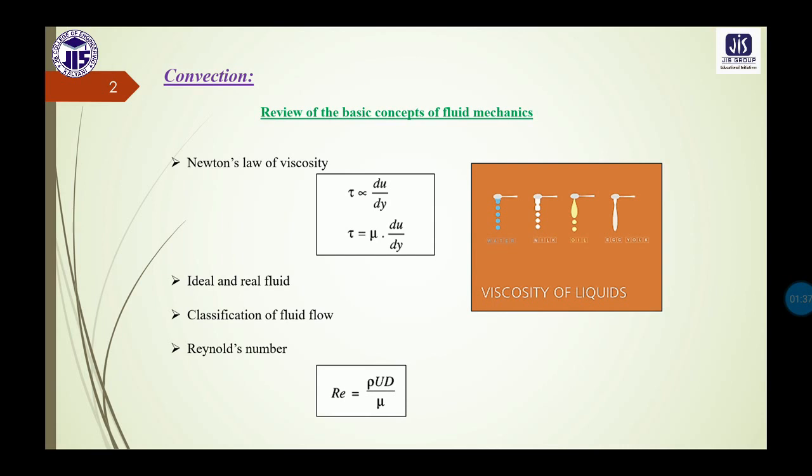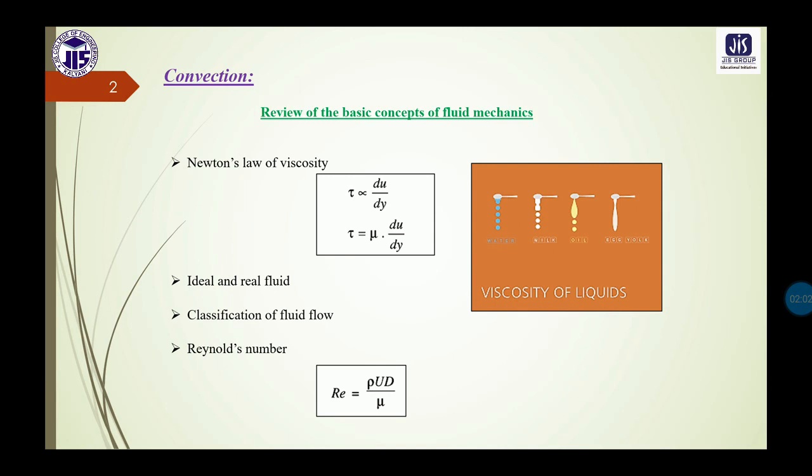If we want to define the term fluid appropriately, then we can say that all matter consists of only two states, fluid and solid. Now, a solid can resist a shear stress by a static deformation, but a fluid cannot.